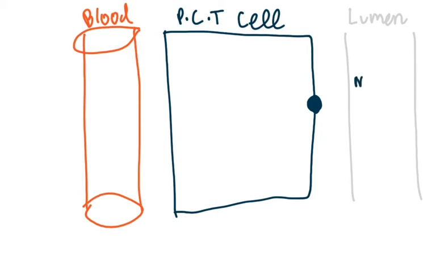So sodium, let's write this in a different color. Sodium will go from high to low concentration, and these hydrogen cations will go from low to high concentration. So it's secondary active transport here.